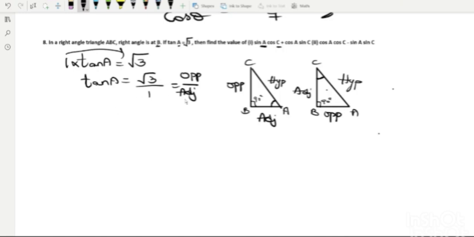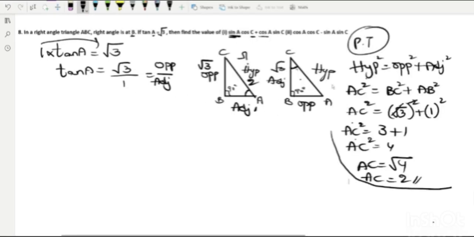So as per the data, the opposite side is root 3 and the adjacent side is 1. The value of BC is root 3, the value of AC is 2, and the AB value is 1.